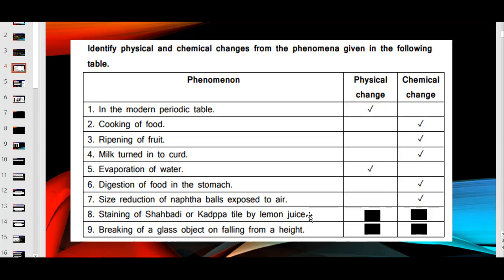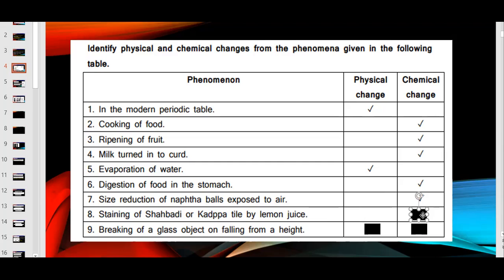If you put lemon juice on that Kadappa tile, you will see there is some reaction on that tile. The stain will remain there. It will not move. So that's why we have to be very careful on the tile when we are using lemon juice or some acidic juice. Lemon juice is some kind of acid only. Okay. So here also what is happening?